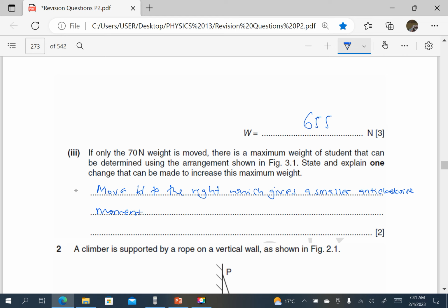When you move W to the right, it will give a smaller anticlockwise moment, allowing for more weight to be added. So the maximum weight can be increased.